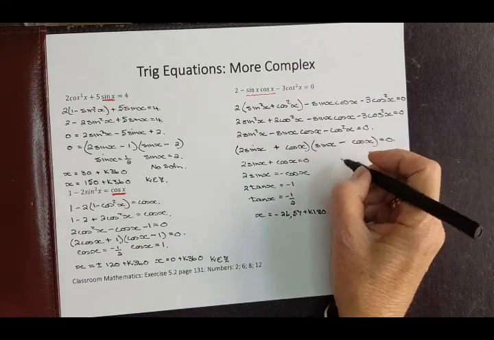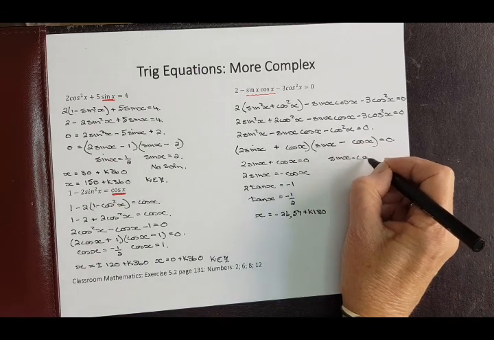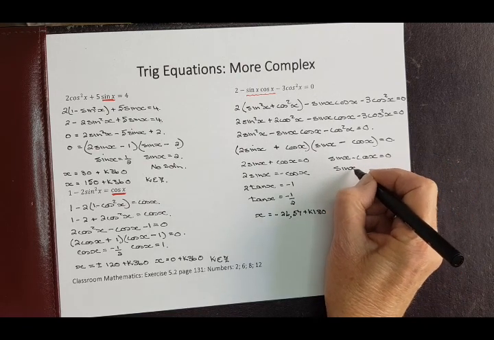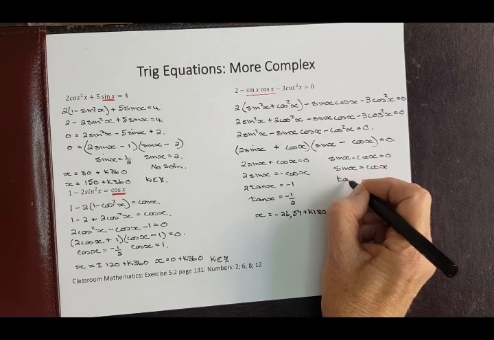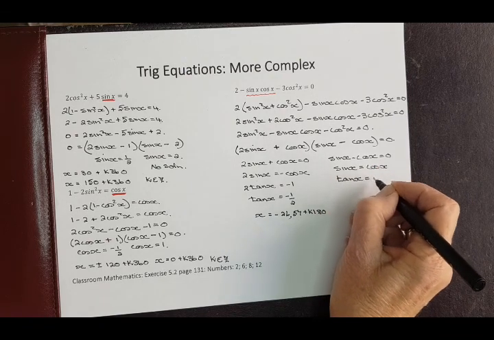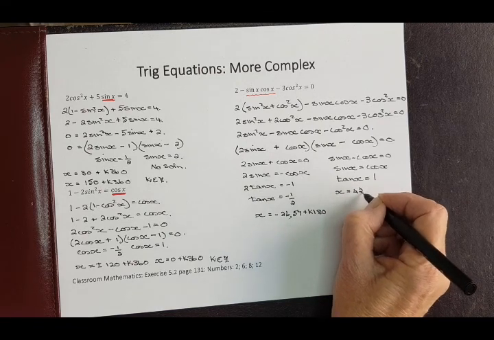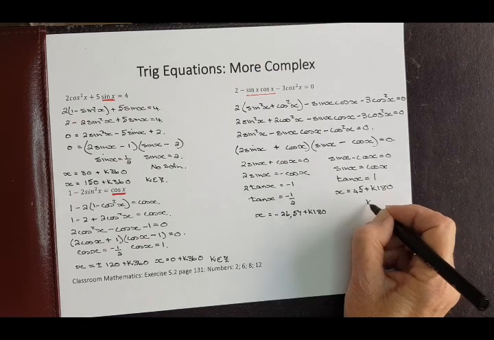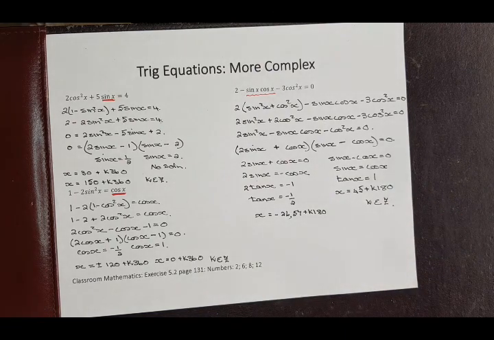On this side over here, I get that sine x minus cos x is going to equal 0. So sine x is equal to cos x. So tan x is equal to 1, and x is equal to 45 plus k 180, where k is an element of the set of integers.